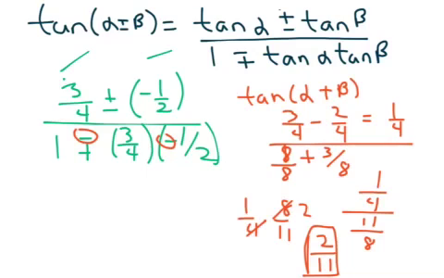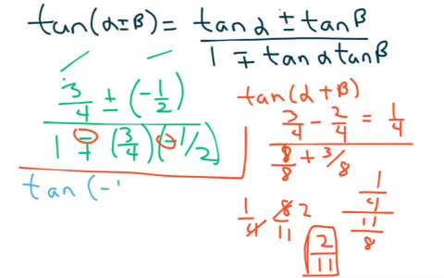Now for the minus portion, change colors. Tan of alpha minus beta. Oops. Alpha minus beta, you're going to get 5/4 divided by 5/8, which leaves you 2 basically.